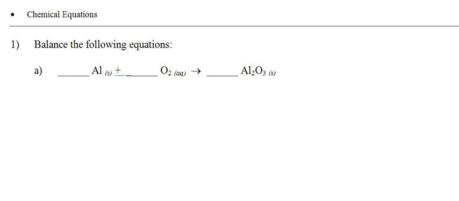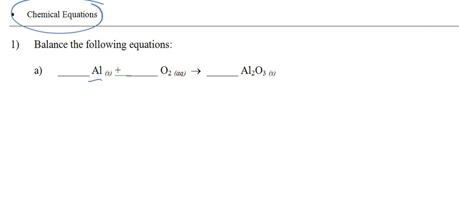Also, do realize that with chemical equations, and that's what we're doing today, the thing that we start with, like in this first problem here, aluminum, in a chemical equation, the nucleus remains the same. So on the product side, we better get another aluminum, or the aluminum should remain the same.